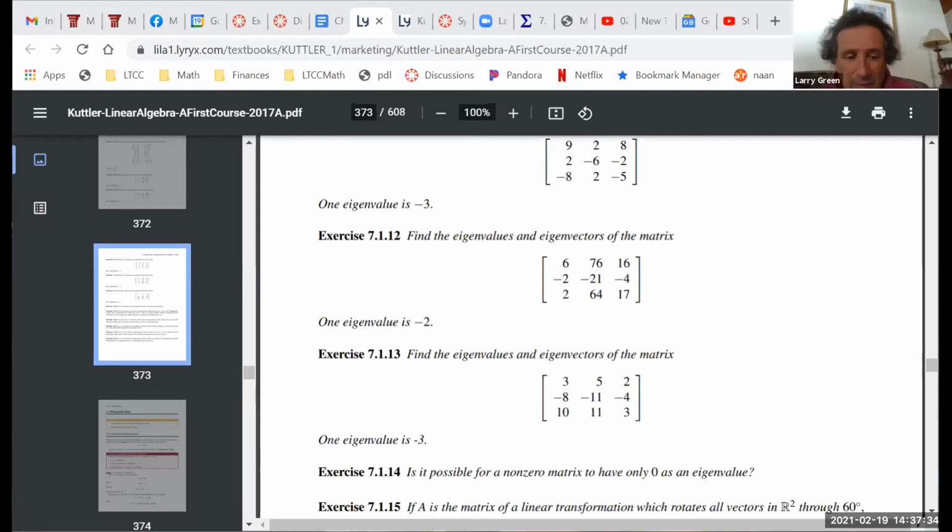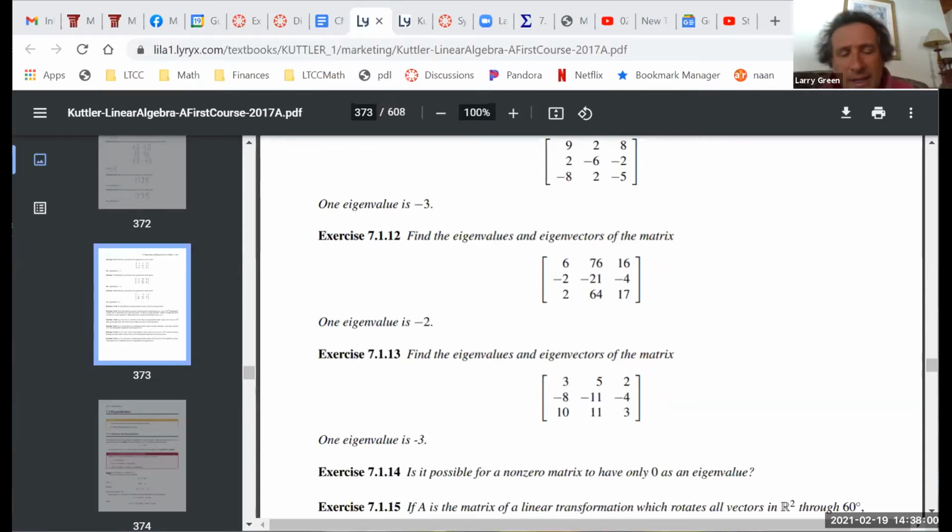Okay, so that 6 becomes a 6 minus lambda. And then 16, and then -2, -21, -4. Okay.